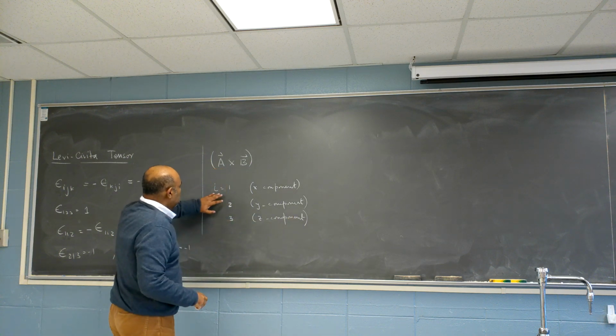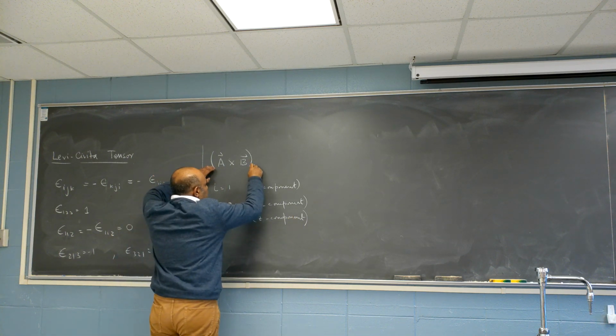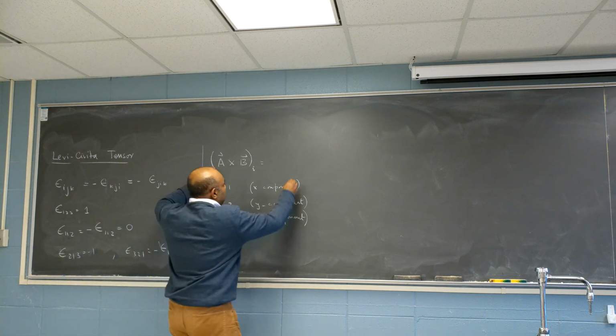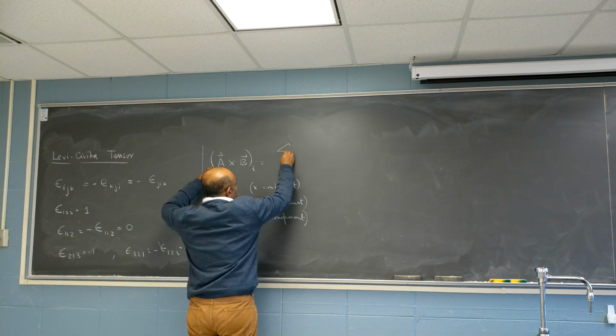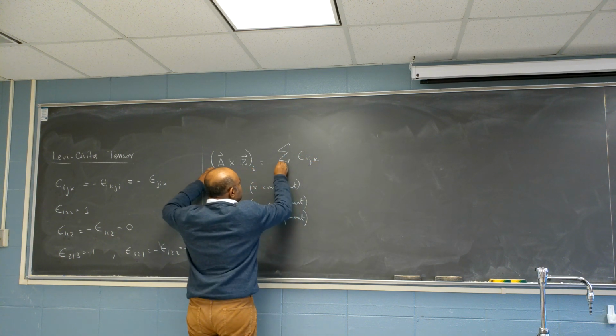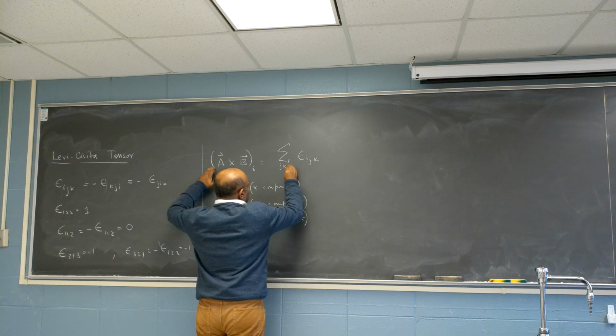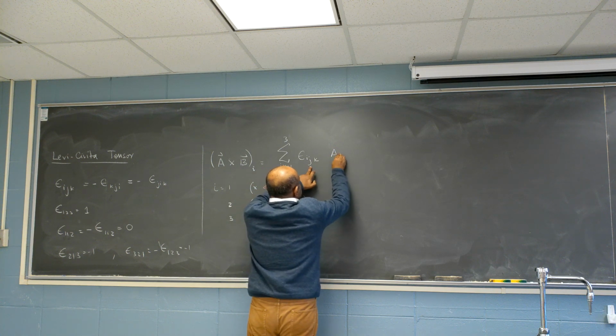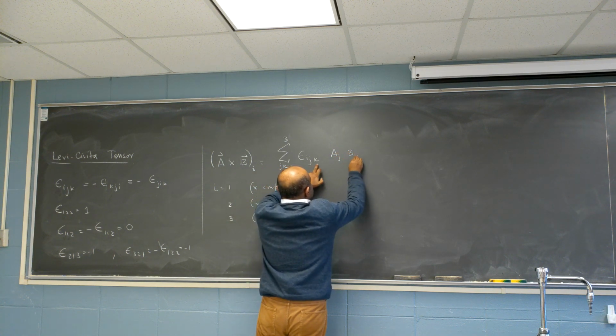So the ith component is equal to the sum over j and k, of course, from 1 to 3, of epsilon i j k, a j, b k.